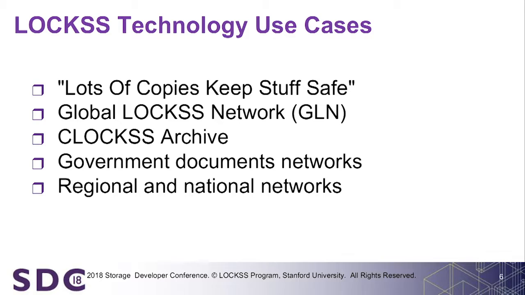It is over 100, probably more like 150 research libraries all over the world, mostly North America, but also in Europe, Asia, and South America, that together, as a group of 100+ libraries, are preserving the copies of electronic journals and scientific journals and electronic books that they subscribe to as research libraries. So this is mostly university stuff, scholarly communication journals.